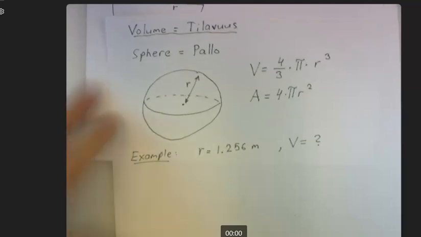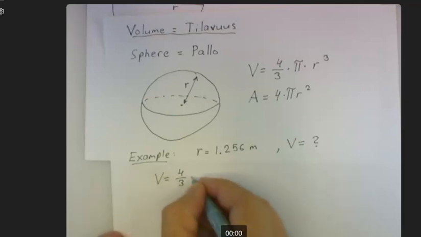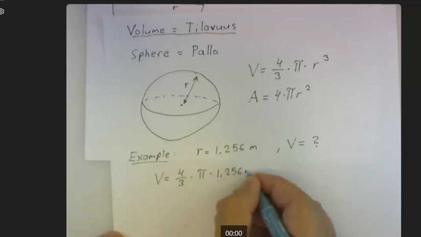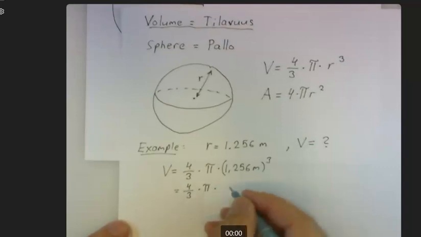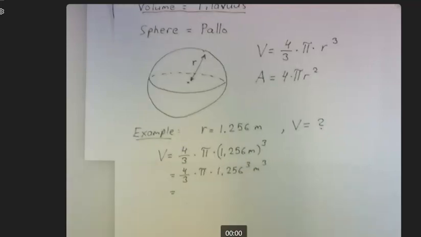We know the r, so we just use that formula. I will go through this quickly because I didn't mean to put this kind of example here. Sorry. During my sentence, I forgot what I was going to do. Let's calculate the value of this.